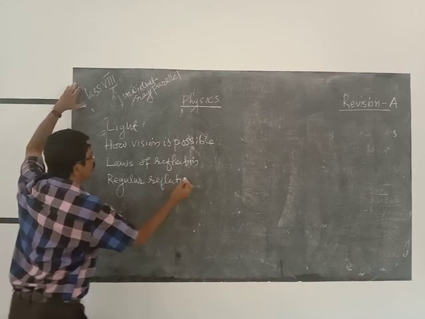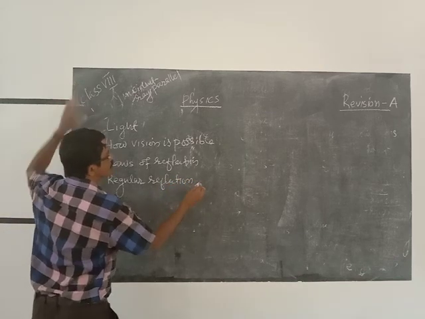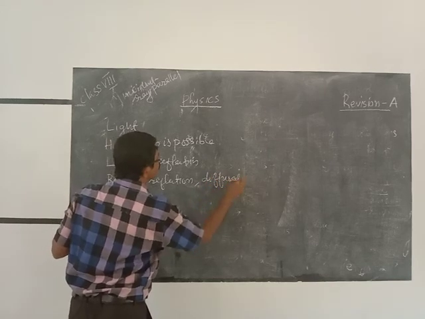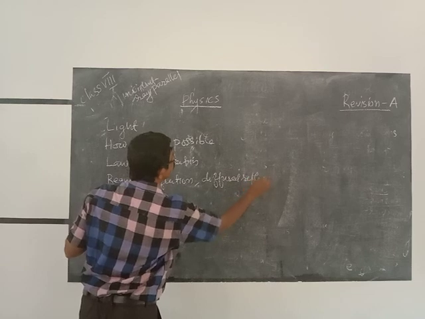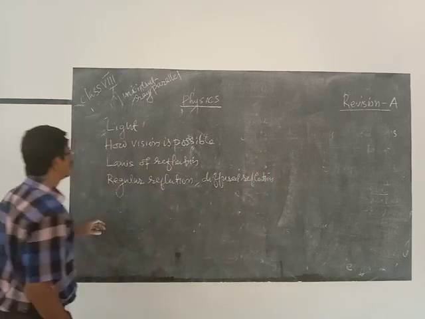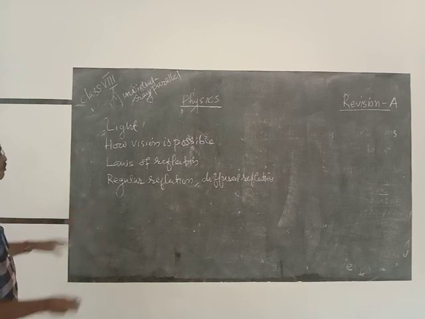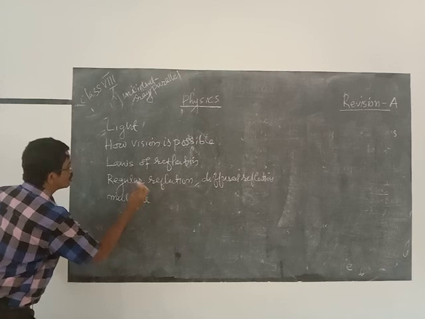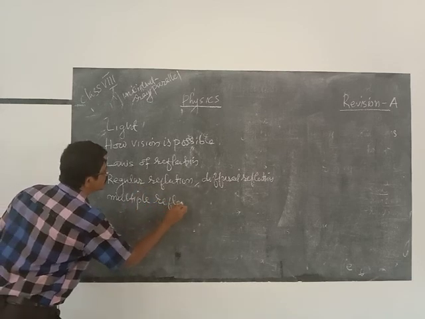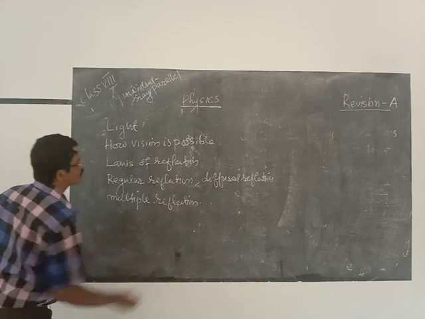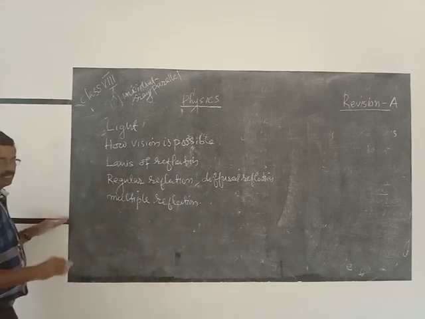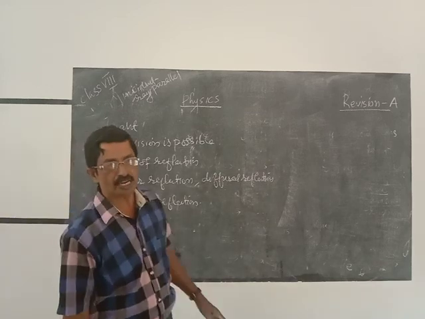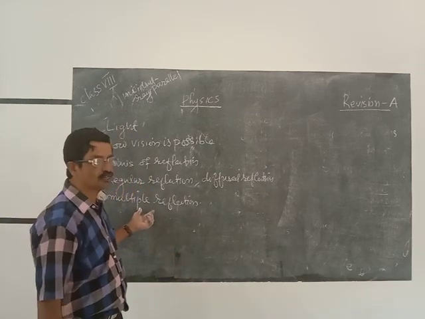Then regular reflection, diffused reflection, then multiple reflection. In the periscope and the kaleidoscope we use this multiple reflection of light.